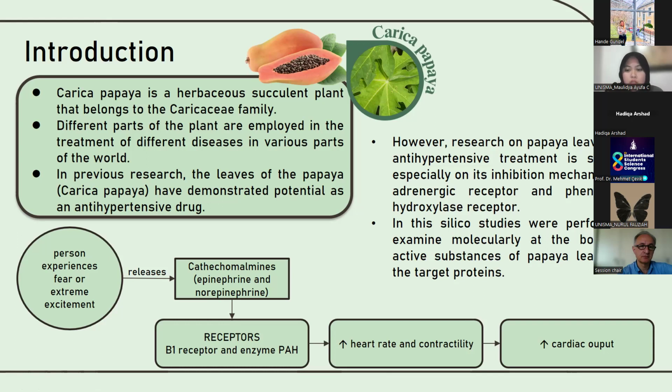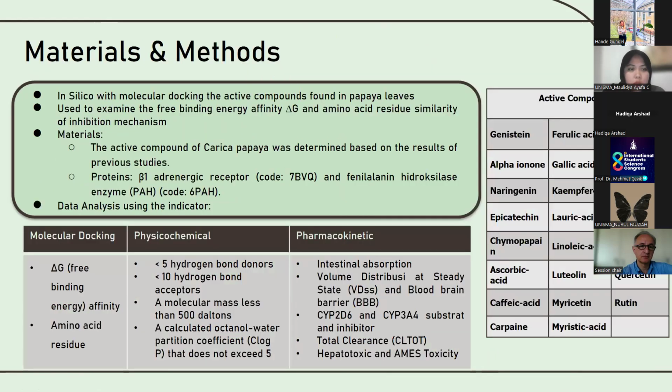In these in silico studies, we examined molecularly the binding of active substances of papaya leaves with the target proteins. The materials and methods that we use in this research are in silico with molecular docking of the active compounds found in papaya leaves.